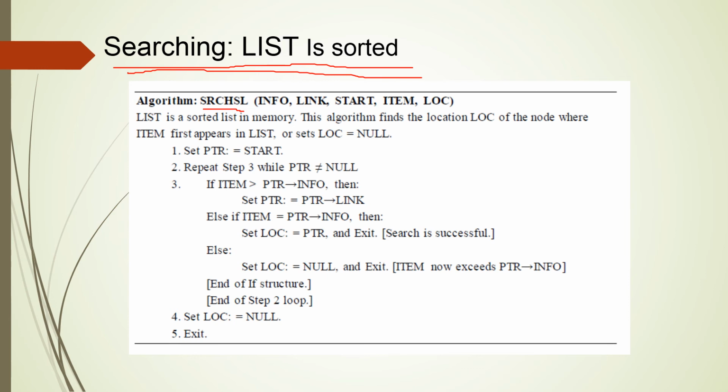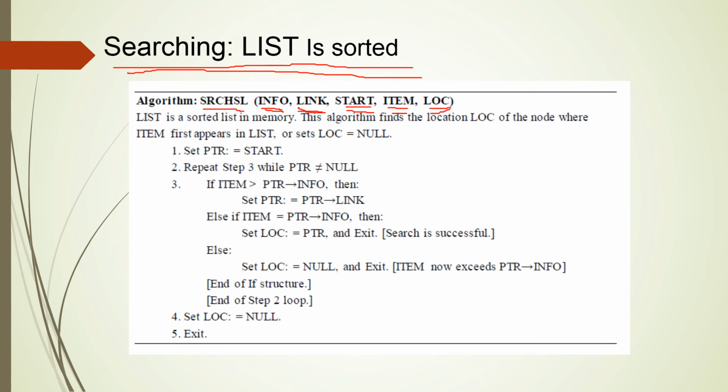Searching in a sorted list, it will take a info, that is it will take this parameter. Info means data field or information field, link means next field or a pointer which holds the address of the next node. Start means start is pointing to the starting node of the list, it's like a first. Then item is the key element to be searched.